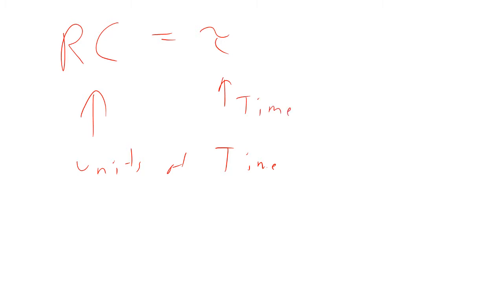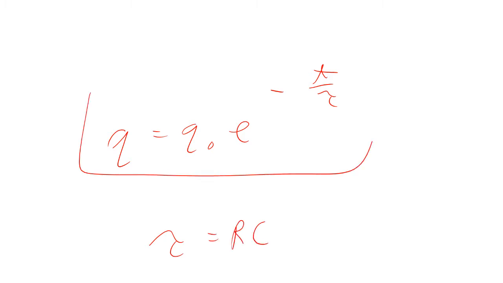The symbol we use for the time constant is a lowercase Greek tau. So sometimes you will see Q equals Q naught e to the minus t over tau, where tau is known to be RC. So what does the time constant tell you?